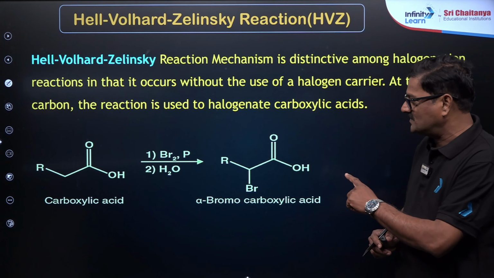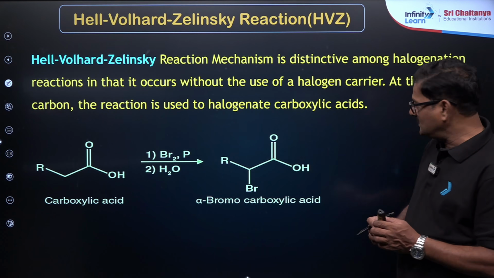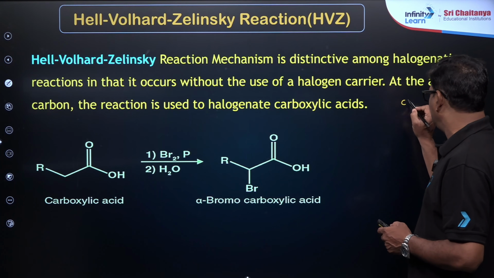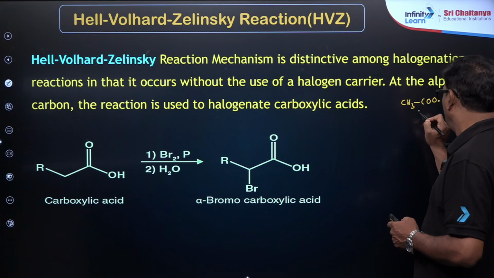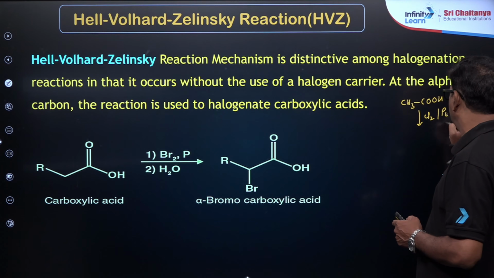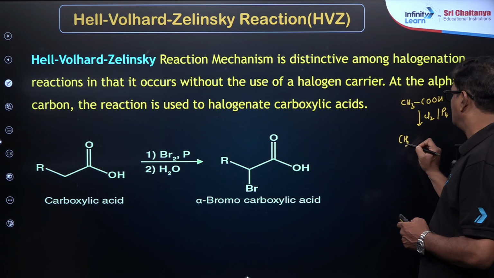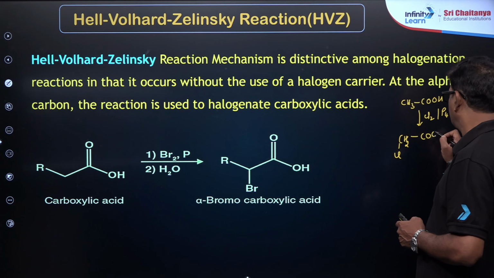This is the reaction of carboxylic acid to alpha-bromocarboxylic acid. You see acetic acid CH3COOH, and with Cl2 and red phosphorus you are going to get CH2ClCOOH.